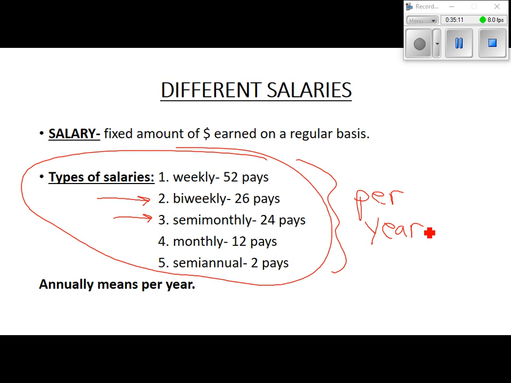Why do you think the schools switched from bi-weekly, where you get 26 pays, to semi-monthly, where they only have to pay us 24 times? Less checks to go to. Exactly. Most companies pay somebody else to write the checks for them. There's not somebody downstairs writing out checks anymore. If you work at McDonald's, your boss doesn't write your check out.